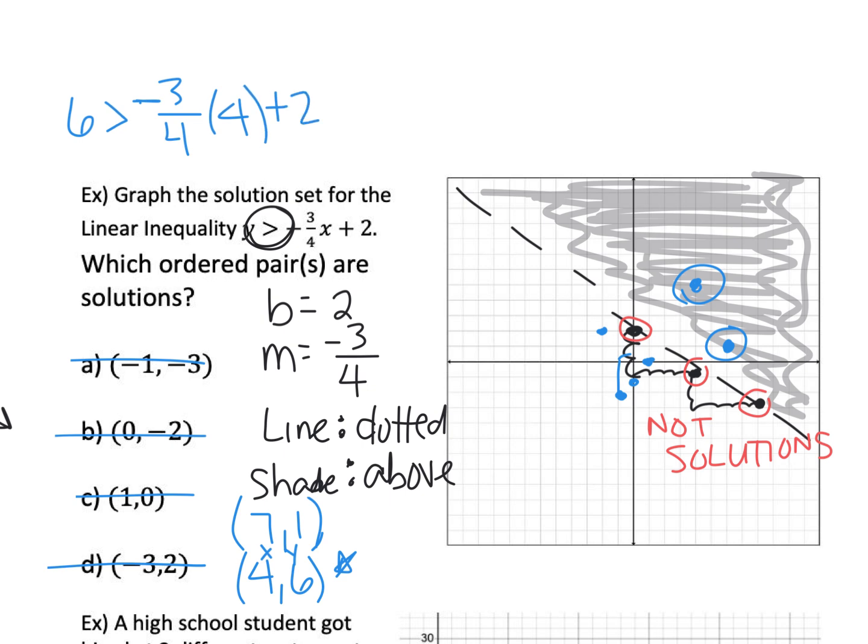So type that in and see, do we get a true or a false? We get true. So that means that yes, in fact, this is a solution. So if we didn't want to make the picture, we could still plug it in and see if yes it is or no it's not. Okay? If we used one of these A, B, C, or D's, we would get a what? We would get false. Okay?